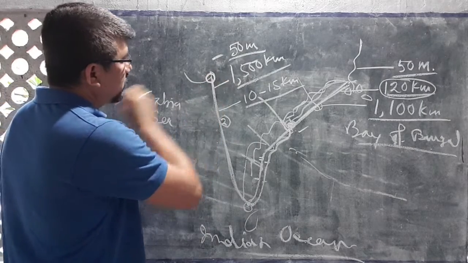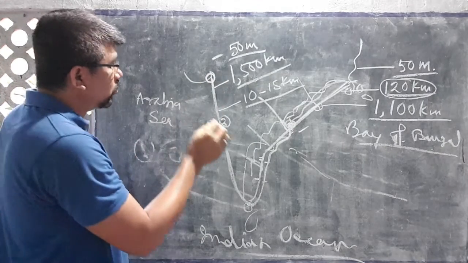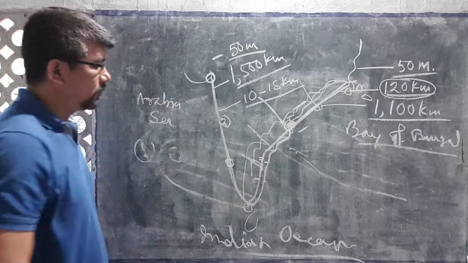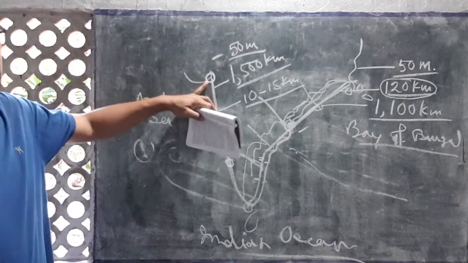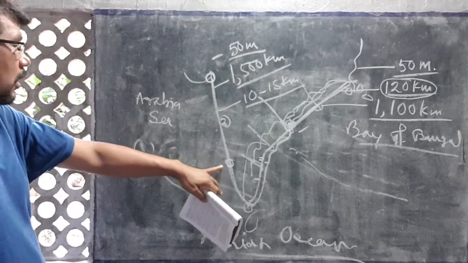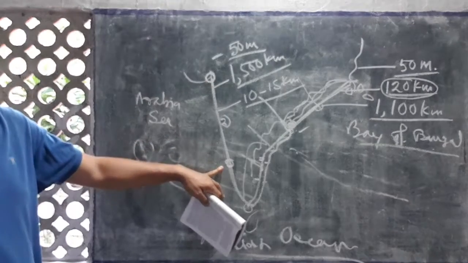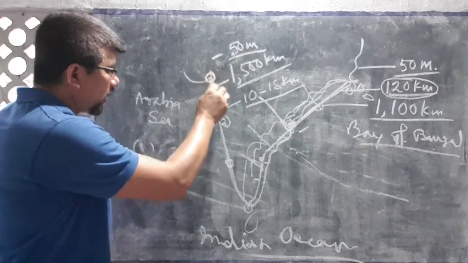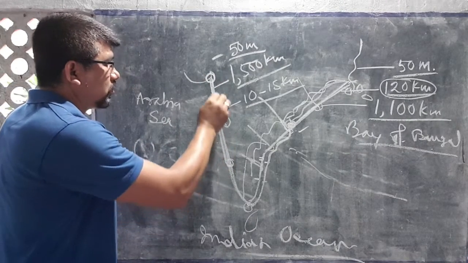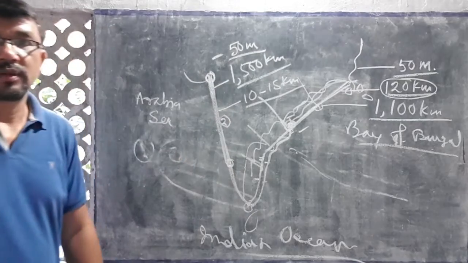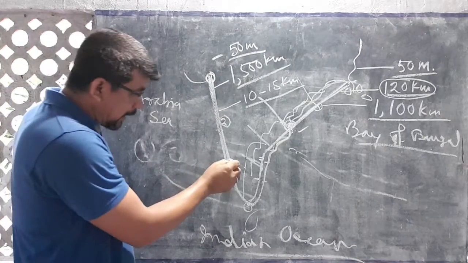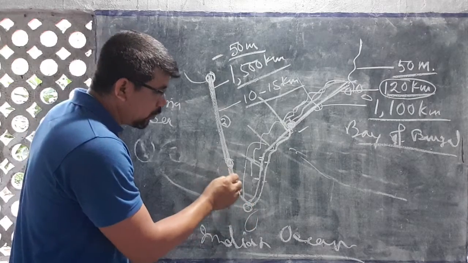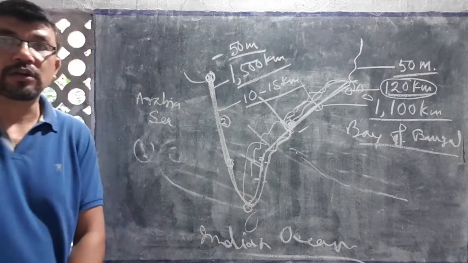From Gulf of Cambay to Mangalore of Goa. Goa is located here. From Gulf of Cambay to Mangalore, it is known as Konkan Coast. And from Mangalore to Cape Comorin, it is known as Malabar Coast.